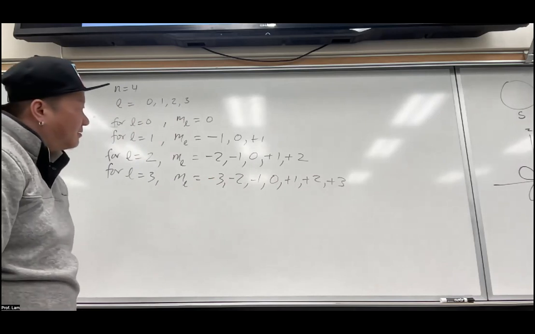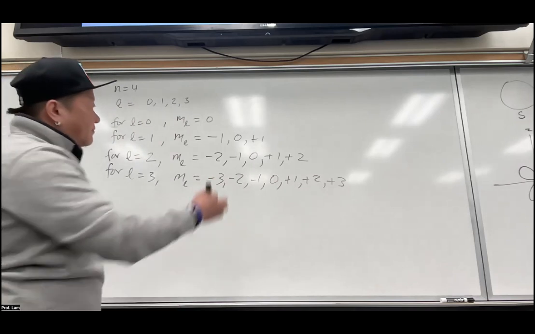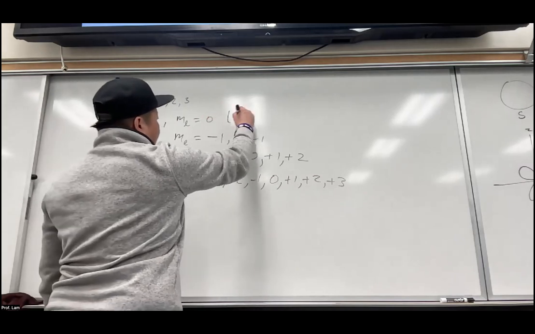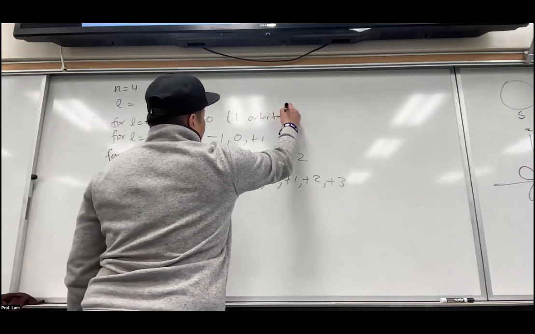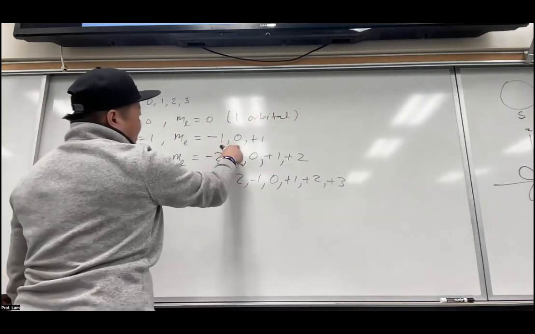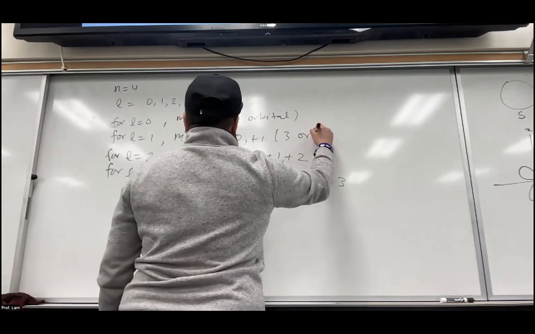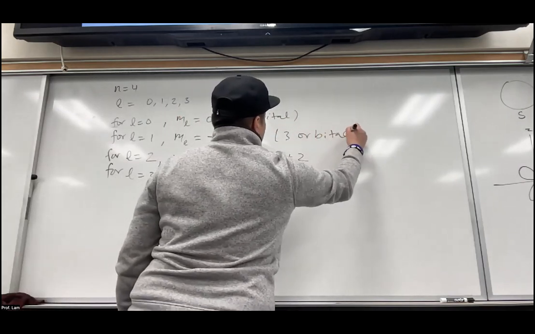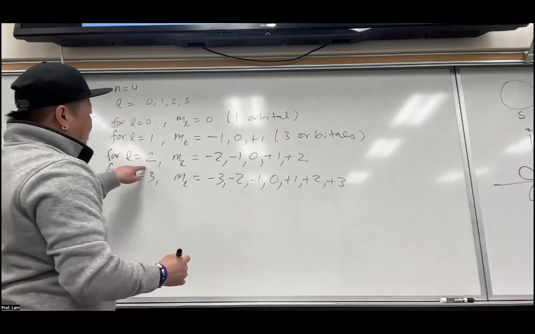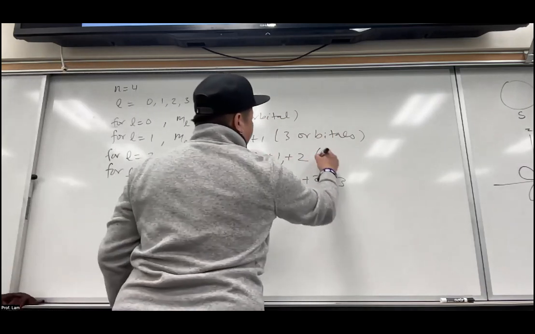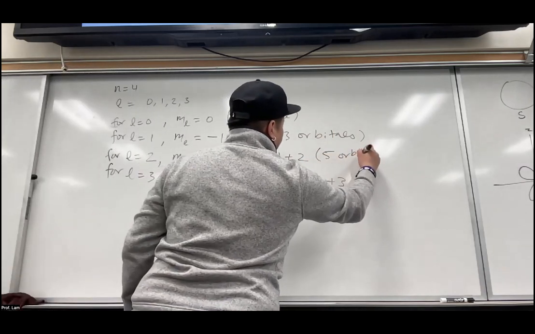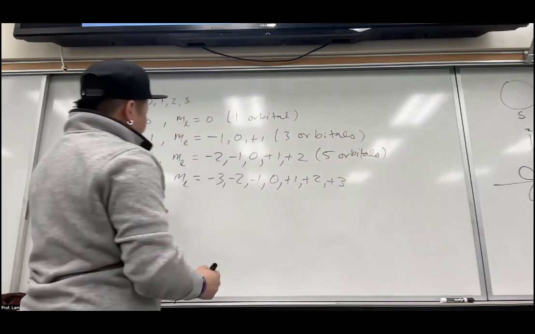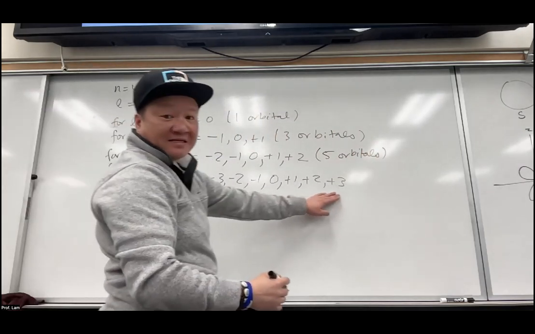So now, let's count the number of orbitals. For L is equal to 0, this is 1. For L is equal to 1, here's 3, right? 1, 2, 3. So that's 3 orbitals. For L is equal to 2, that's 5 orbitals. And then for L is equal to 3, that's 7 orbitals.